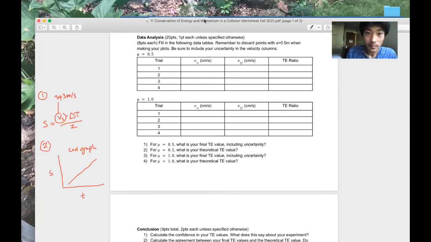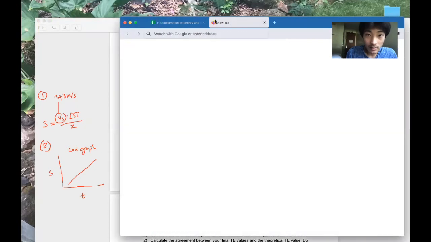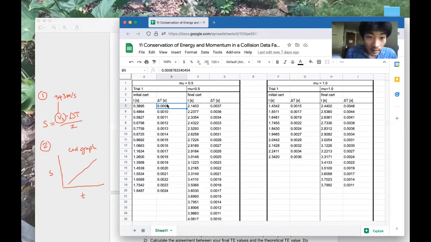You're going to get an S for every row, and you're going to have a corresponding timestamp. So you're going to graph your little t on the x-axis, and your S on the y-axis, and you're going to get a graph.